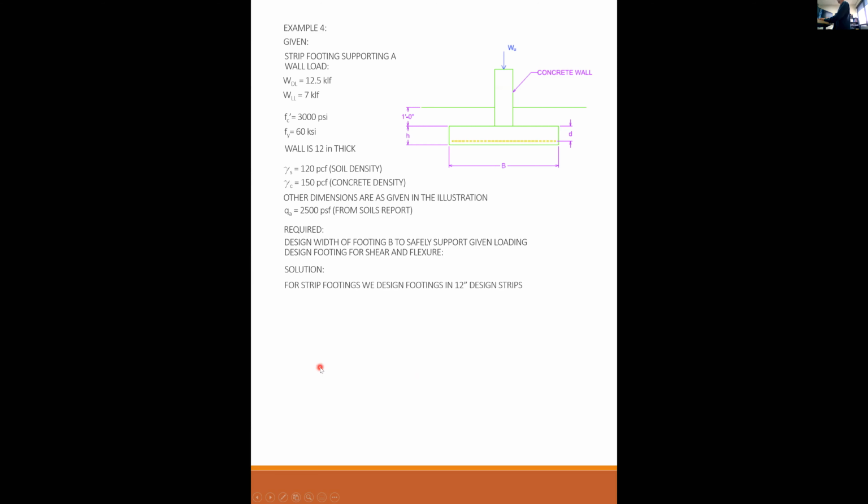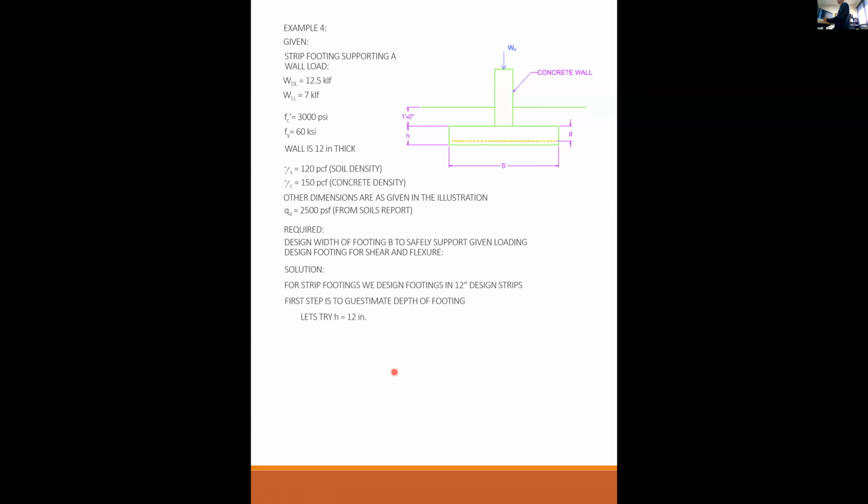Solution. Okay, so for strip footings, we design the footing in a 12-inch design strip. Again, that's in and out of the page. The first step is to, and I know this isn't a real word, but it's most appropriate, guesstimate. We're going to guesstimate the depth of the footing. Let's try H equal to 12 inches.